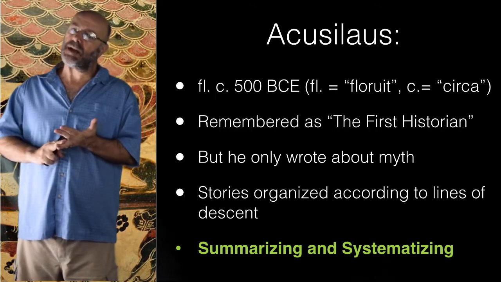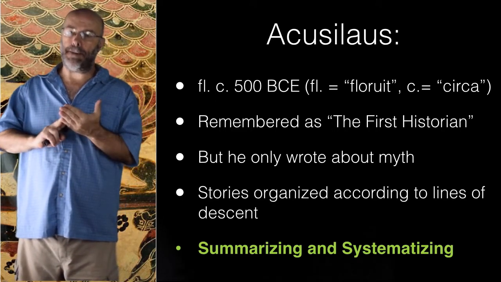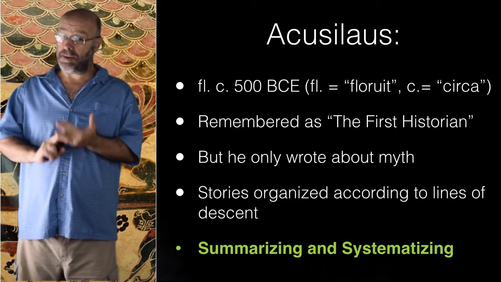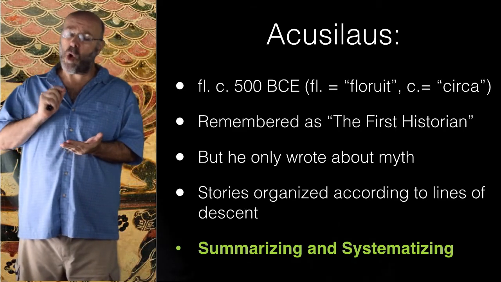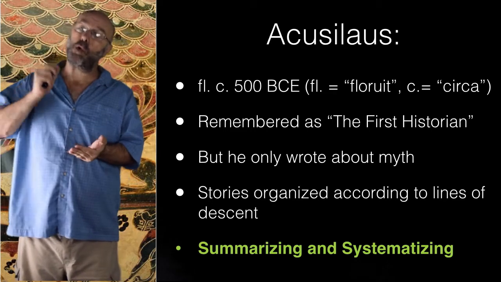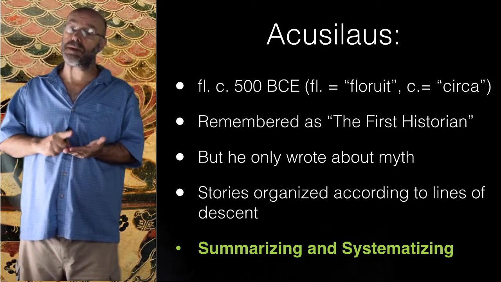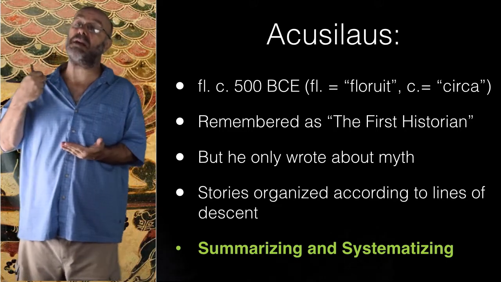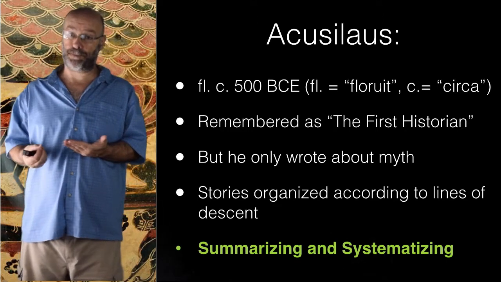And he shares an interesting aspect with Apollodorus and several other mythographers. There's an obvious organizing principle to his narrative, and that is it's organized in terms of lines of descent. If you like, it's organized in terms of families.